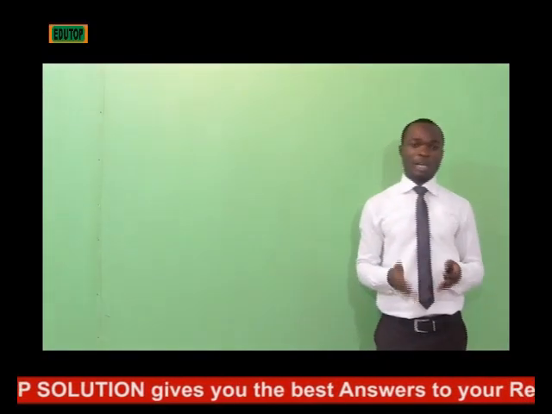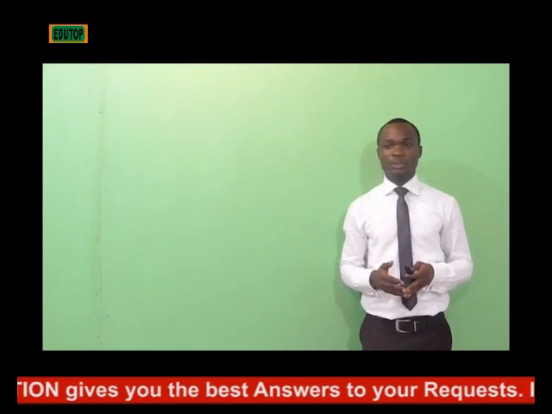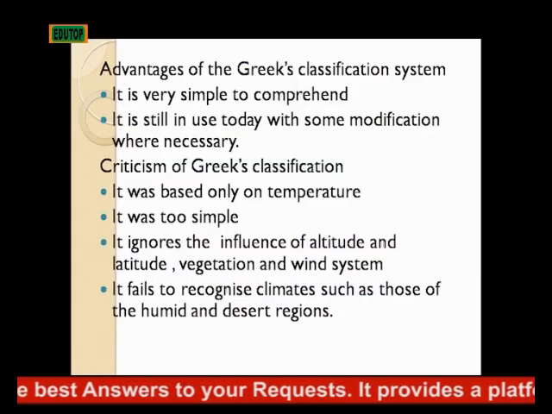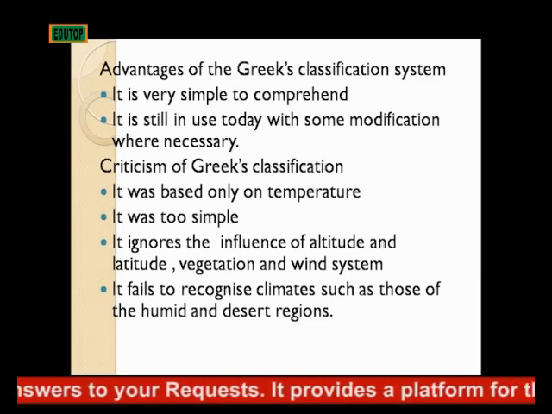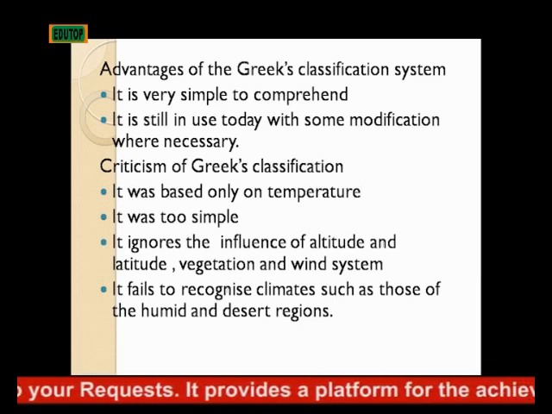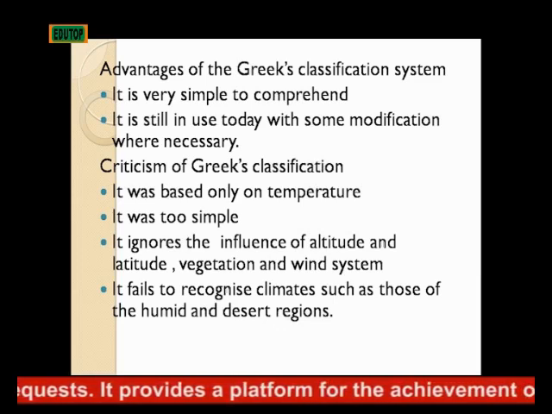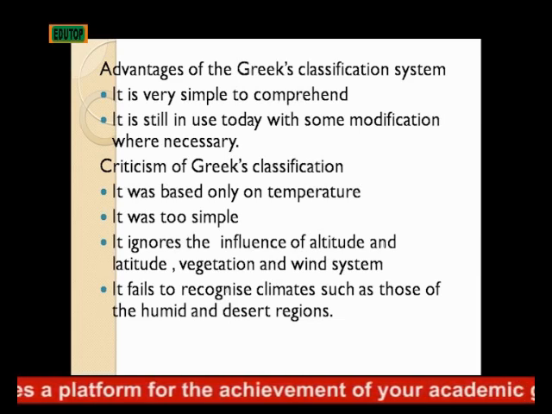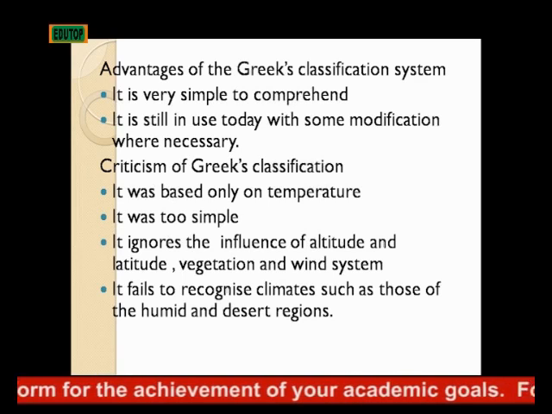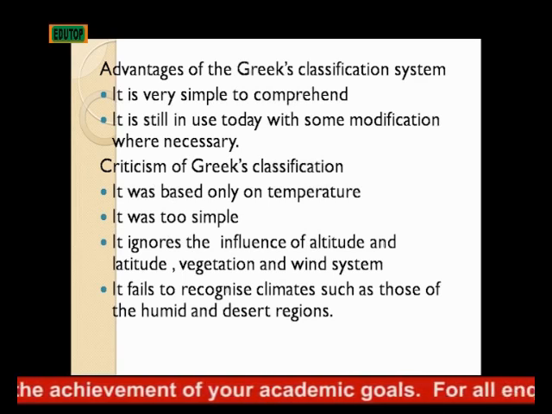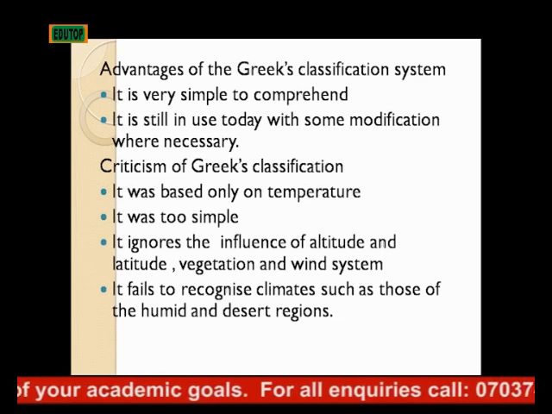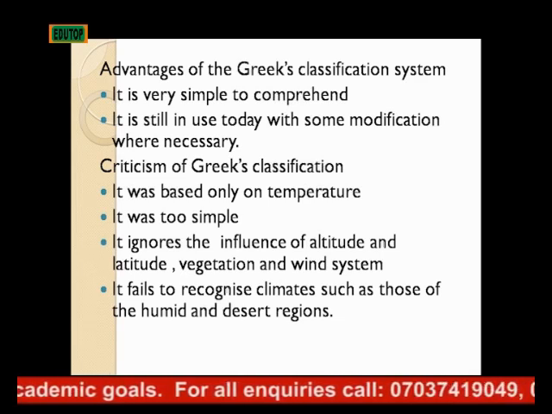The Greek system of classification of climate. One criticism is that this system of classification is based only on temperature. Another criticism is that it was too simple, and because of this, people thought it was not competent enough to give us adequate classification of climate around the world.